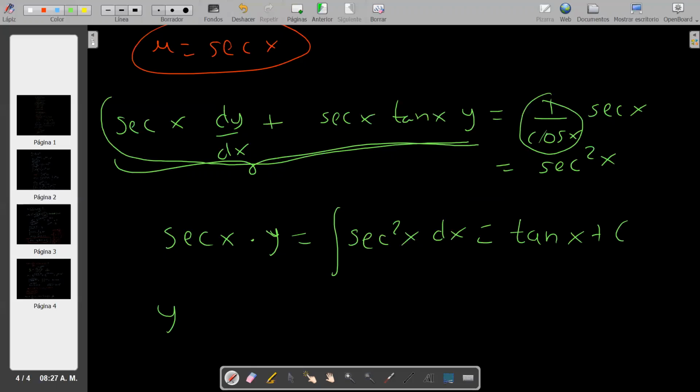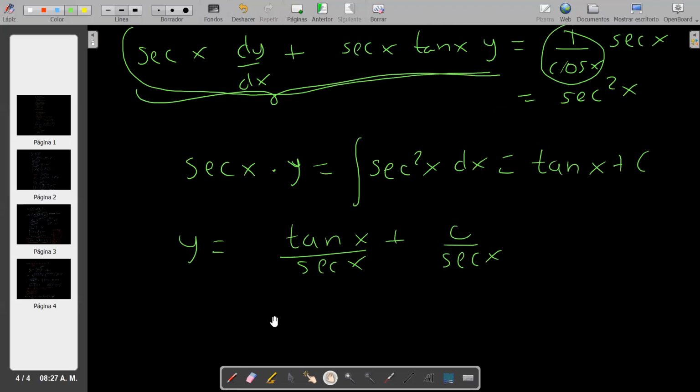Okay, so here we have our solution. y will be equal to tangent of x divided by secant of x, and maybe we can do a simplification over here, plus c over secant of x. And tangent of x is sine of x divided by cosine of x, and 1 over secant of x is just equal to cosine of x.